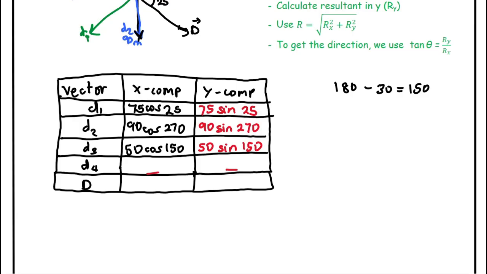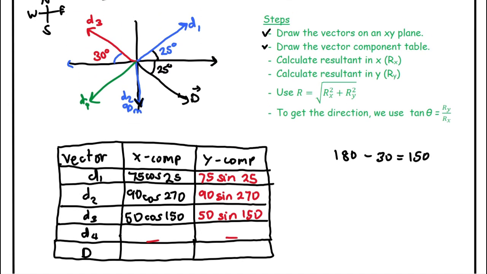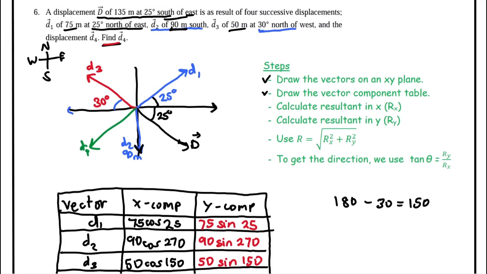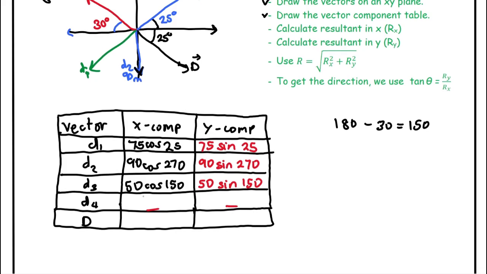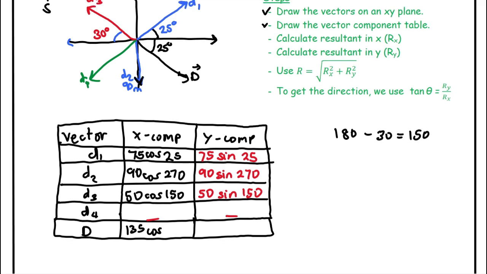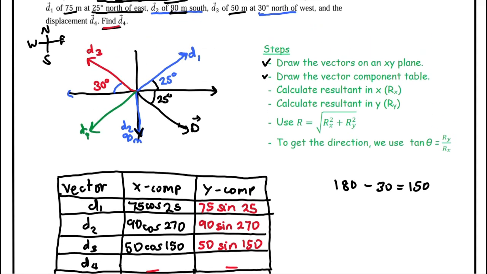d itself is 135. The x component will be cos. Now what's the angle? This is 25 degrees here, but from the positive x-axis, if we go like this, we'll have to subtract 360 minus 25.